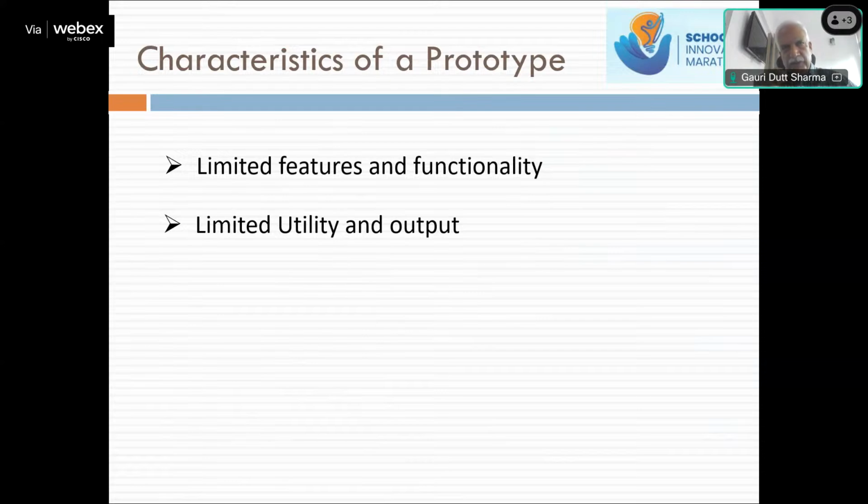Now, the only function that is working at the prototype level is that you are able to play an FM radio on your device. But probably you're not able to work with Google Maps, because Google Maps is also important when you drive a car. So you may have a limited functionality, a limited utility, or a limited output at the prototyping stage. It is acceptable.